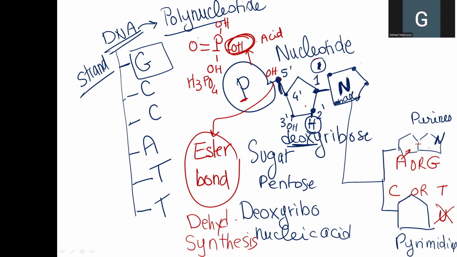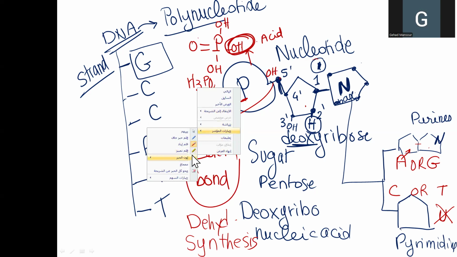When all these nucleotides bind together, they form a polynucleotide strand, which is DNA, that consists of a ribose sugar and a phosphate group. So this is the sugar, this is the phosphate, and this is the nitrogenous base. And here we have the 5' carbon atom, and here we have the 3' carbon atom.